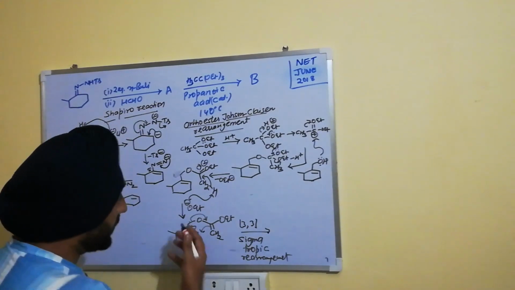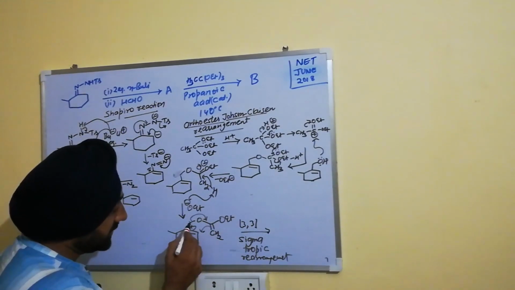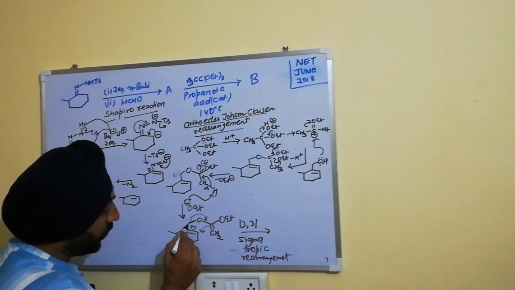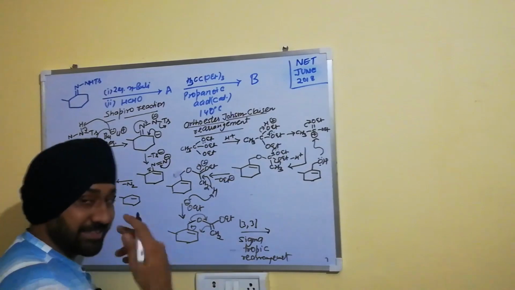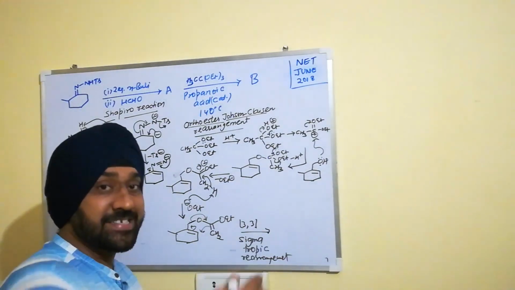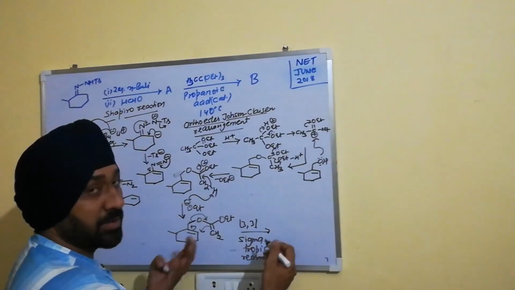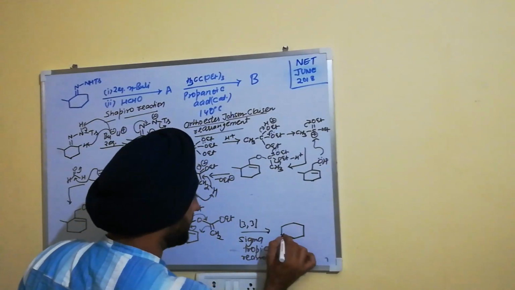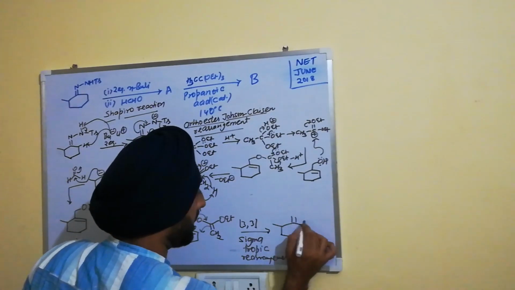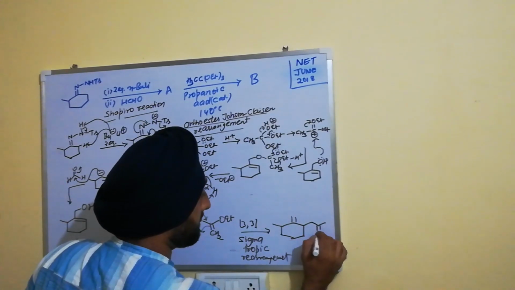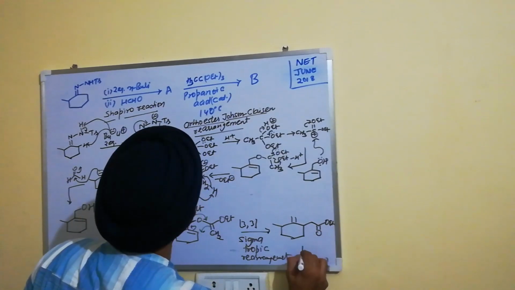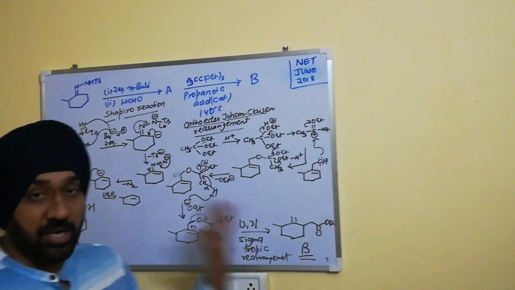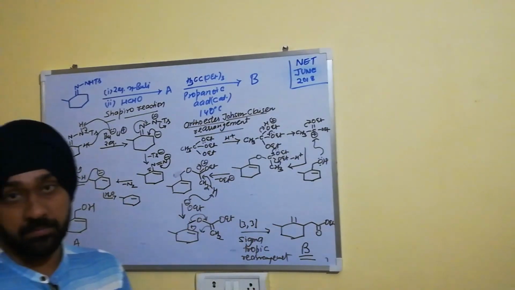Since three atoms are involved on each side, and this bond is getting broken, and we have 1, 2, 3 atoms, and since this involves the movement of a sigma bond, that is why we have this sigmatropic rearrangement. So the product that we get is compound B.